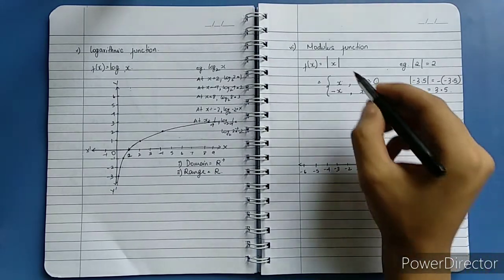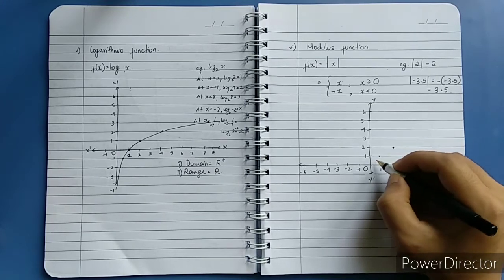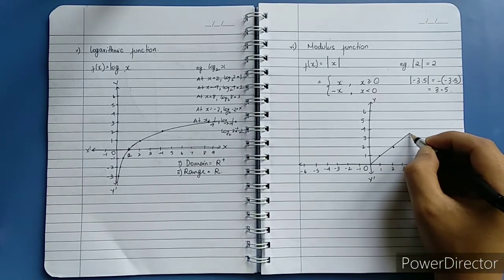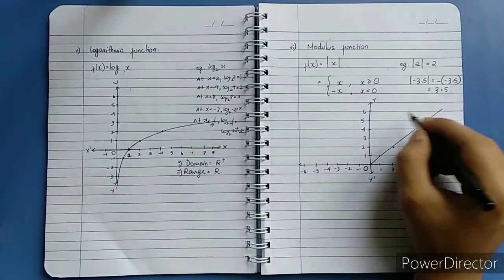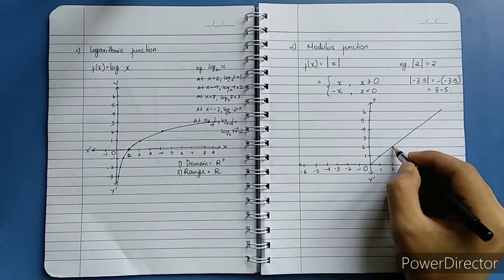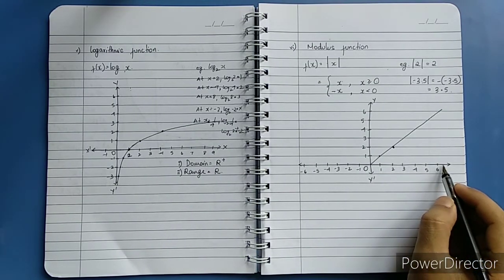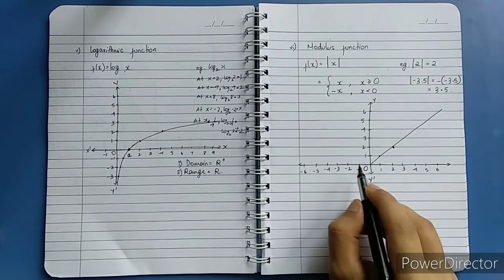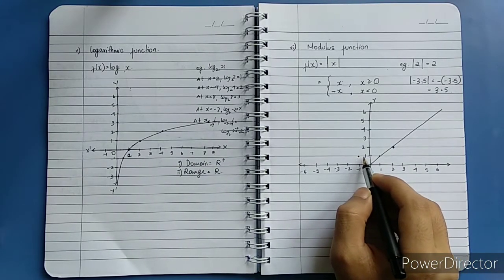At 2, mod of 2 will be 2. Similarly, if I keep on going, I get a straight line in this way, where mod of 6 will be 6. So this is how mod of x looks for x greater than or equal to 0. For x less than 0, mod of minus 1 is 1 because it makes the negative number positive.